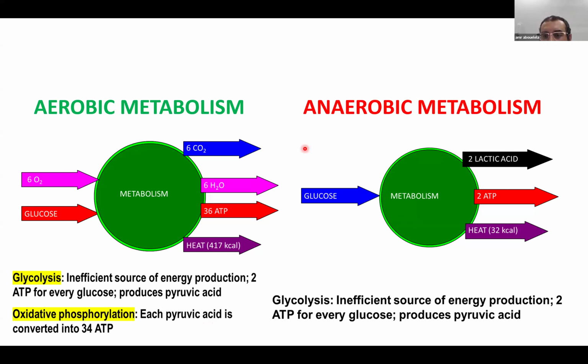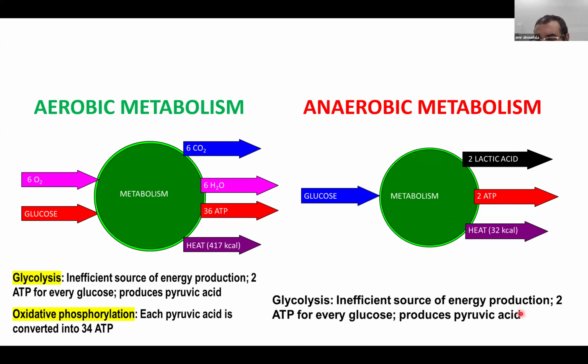In the absence of oxygen, the anaerobic metabolism here, the glycolysis will happen the same because the glycolysis is not dependent on the oxygen, producing a very small amount of energy, only 2 ATP for every glucose, and producing pyruvic acid. But unfortunately, the pyruvic acid in the absence of oxygen will not go to the oxidative phosphorylation, and the reaction will stop here.